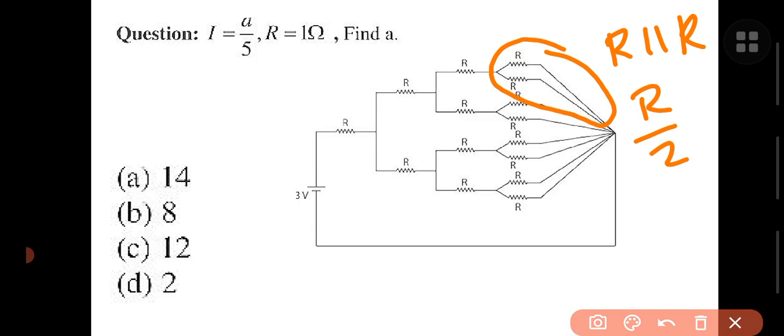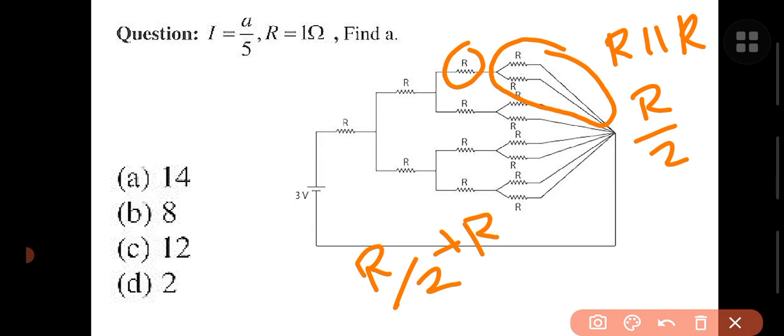If both values are same, the equivalent resistance will be decreased, that is R by 2. Now this R by 2 is in series with R, so you can sum it up.